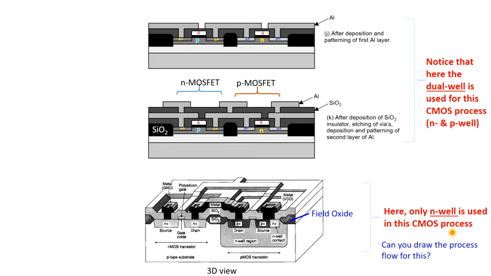Another difference is the isolation process that has been used for fabricating this CMOS inverter. For this particular case, we have used trenches, and then filled them with silicon dioxide to isolate these P and N channel devices, right? This type of isolation is called shallow trench isolation, or STI. However, in this case, we have used LOCOS.